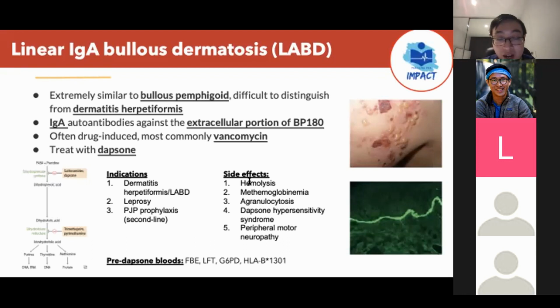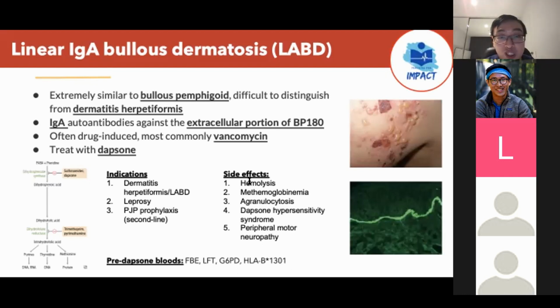So all these side effects determine what bloods we need to send off before safely starting a patient on dapsone therapy. We send off FBE with differential just to monitor for potential agranulocytosis and hemolytic anemia that might develop from dapsone therapy. LFTs, so this is a bit cryptic, but we need to monitor for hemolytic anemia as well. And unconjugated bilirubin: unconjugated hyperbilirubinemia is a sign of hemolysis.